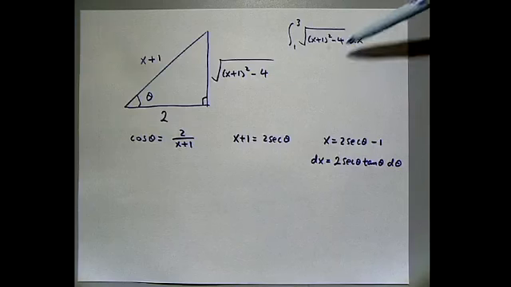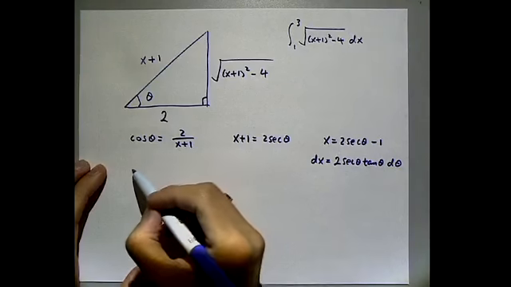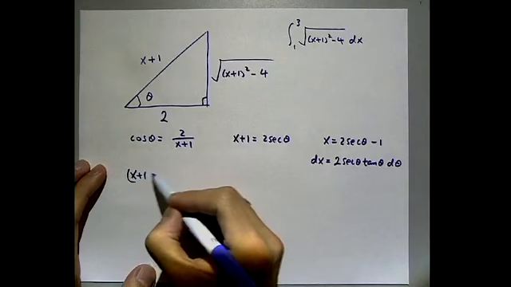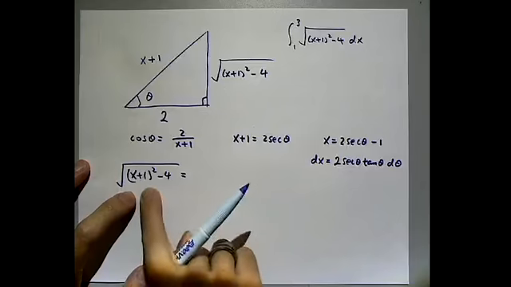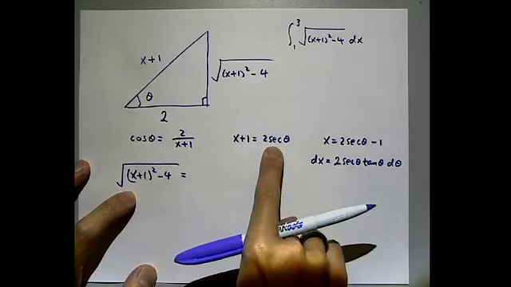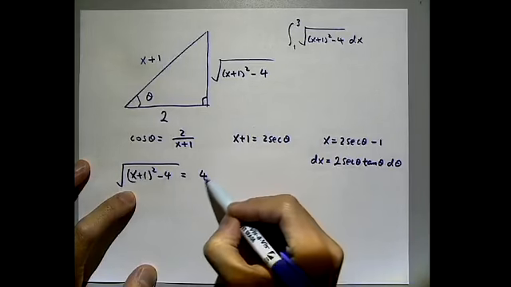Now let's replace the stuff under the radical. X plus 1 squared, looking at this expression here, is 4 secant squared.